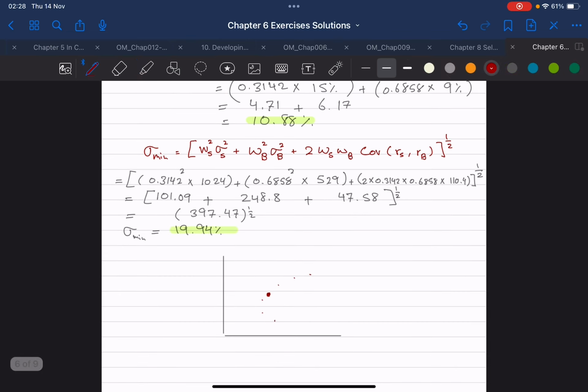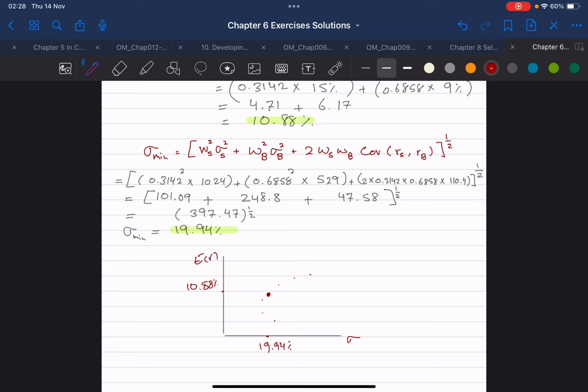So if I plot this here, this is the standard deviation, and this is the expected return. So this would be 19.94%, and this here would be 10.88%.